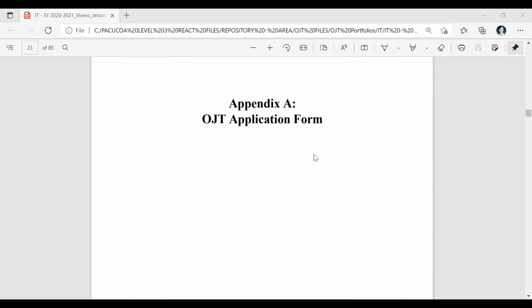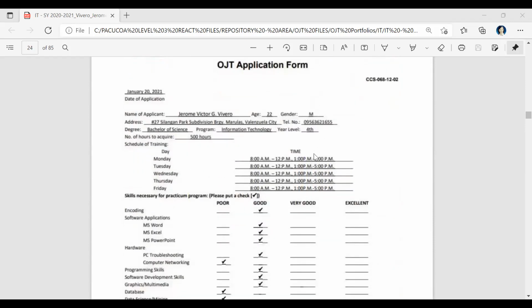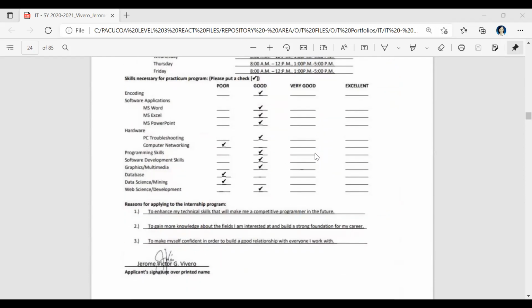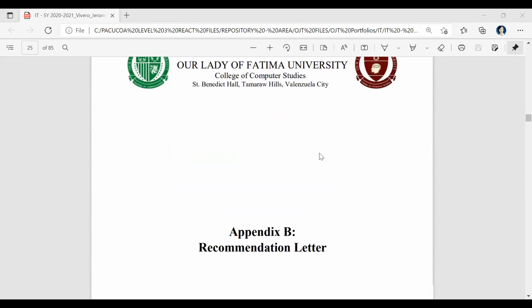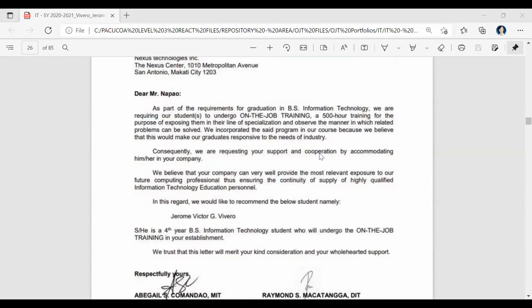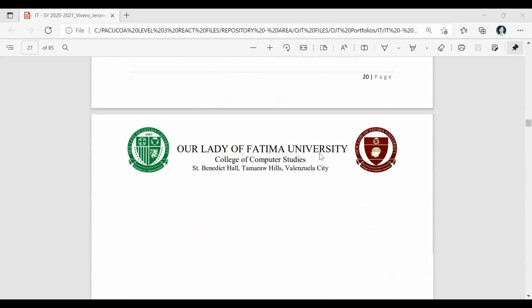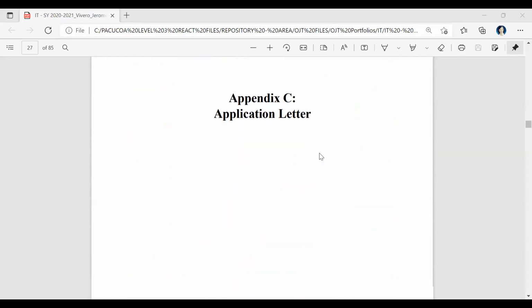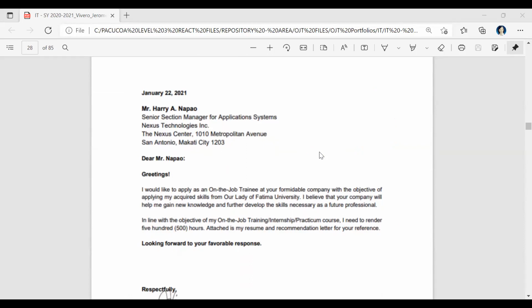Then for the appendices, you have the OJT application form, which was already required during the prelims. So make sure you have all your documents signed. Then the recommendation letter, you can check your email with that endorsement, the application letter.